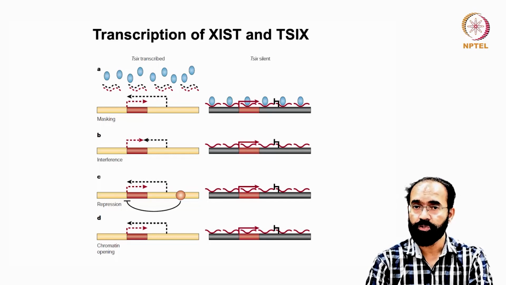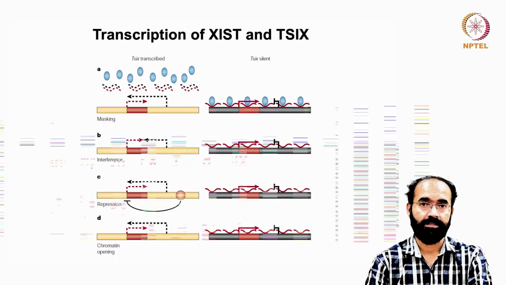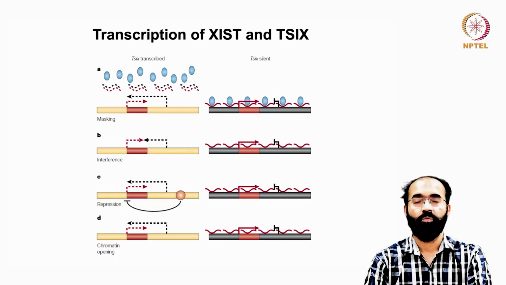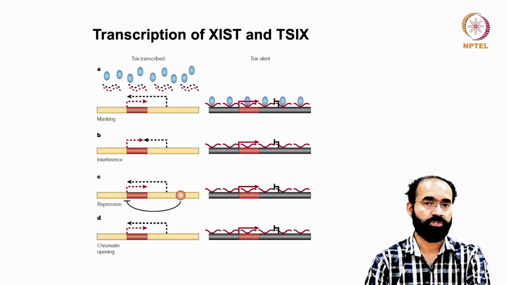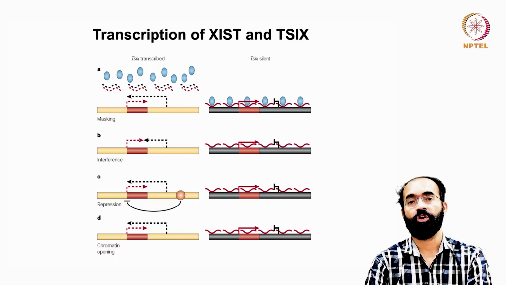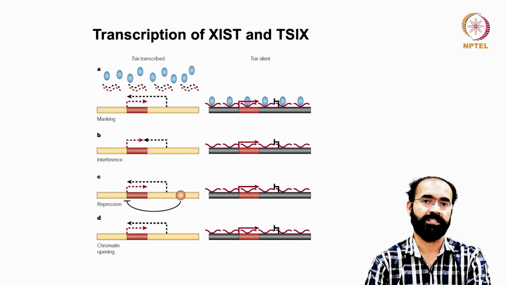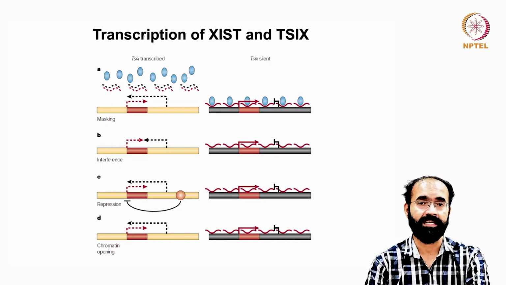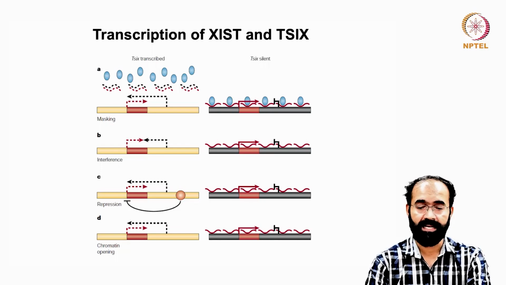But this usually does not happen the way I am saying, because once a given X chromosome is inactive, all the subsequent cells coming from that particular cell will continue to have the same chromosome maintained in the inactive state. So if maternal is inactive, it will stay like that. If paternal is inactive, it will stay like that in that particular cell and its downstream cells.